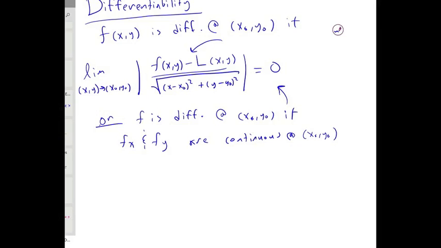So if its partial derivatives are continuous, then your function is differentiable. And if these partial derivatives don't exist, your function is automatically not differentiable at that point.